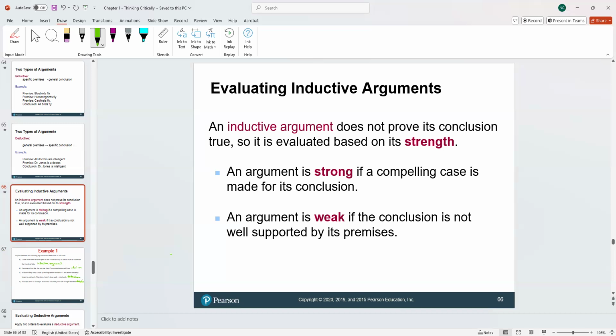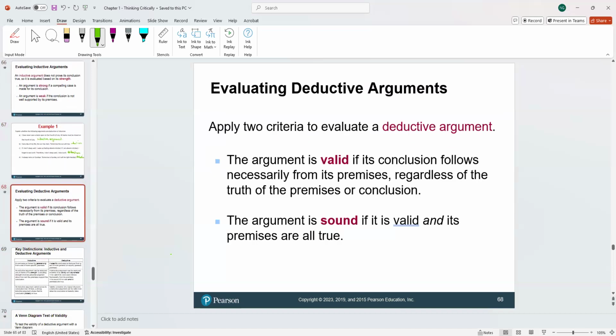And because this involves personal judgment, what is strong for someone may be weak for someone else. But evaluating deductive reasoning is a little bit different.